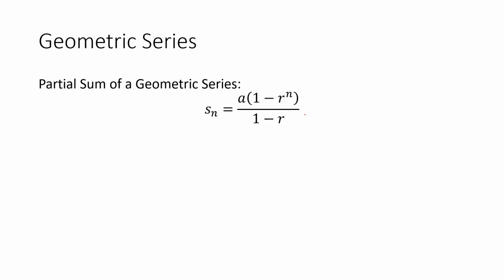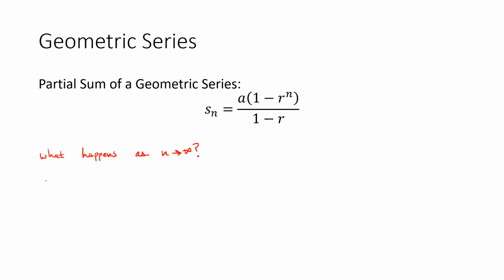What happens as n goes to infinity now? Can we take the limit as n goes to infinity to find the sum of the series? So we can ask this question, what happens as n goes to infinity?